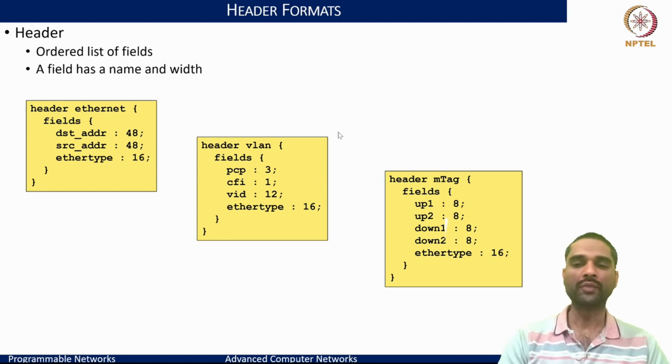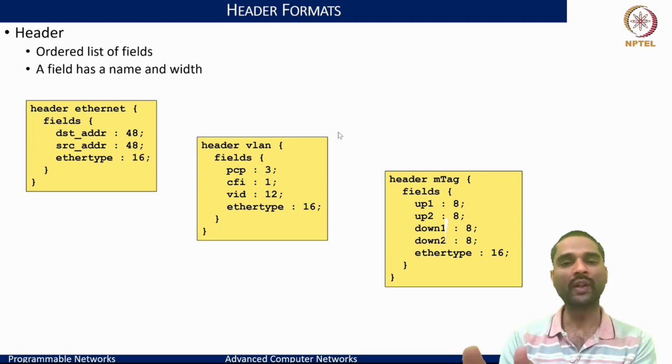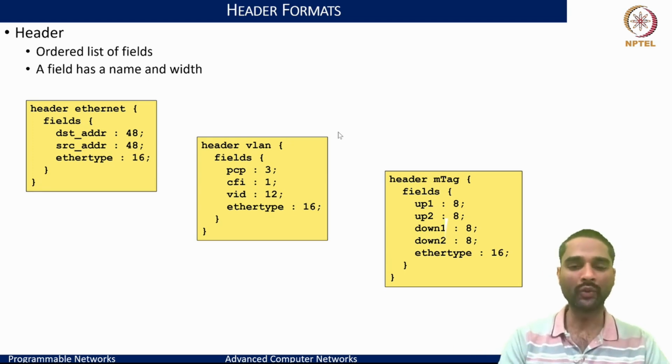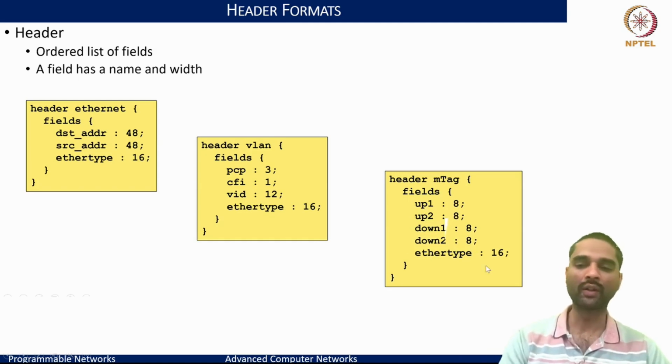And this is how we have defined our header M tag in the construct of the P4 language, which says that we have 4 fields: up 1 and up 2 of 8 bits width each, down 1 and down 2 of 8 bits each, and ether type as a 16-bit entry.